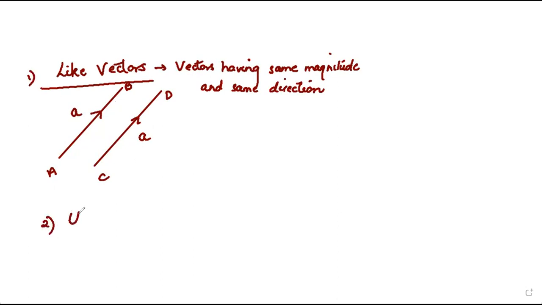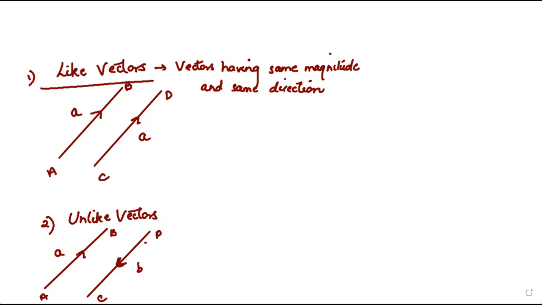Second is unlike vectors. Now suppose the vectors are like this and this. It's A to B, its direction is this. C to D, its direction is this. Its magnitude is A and B. You can clearly see that neither the magnitude is the same in this case nor the direction is the same.